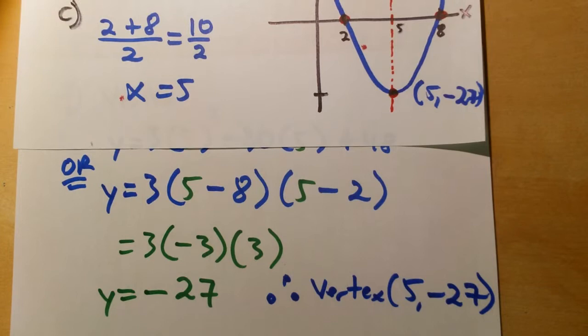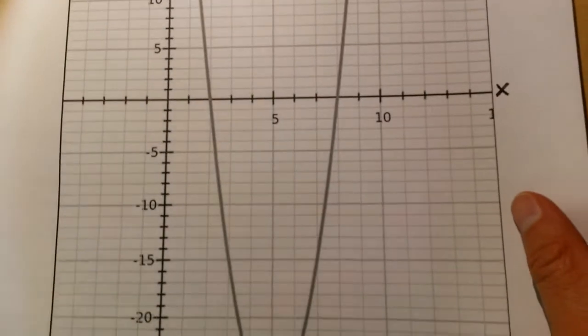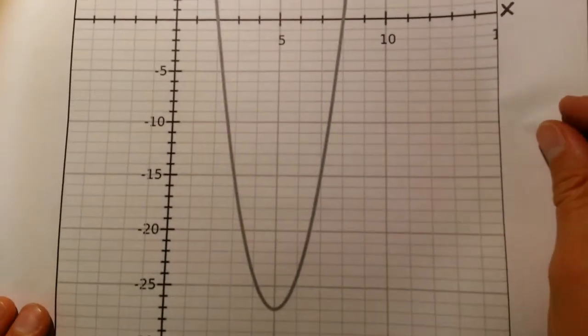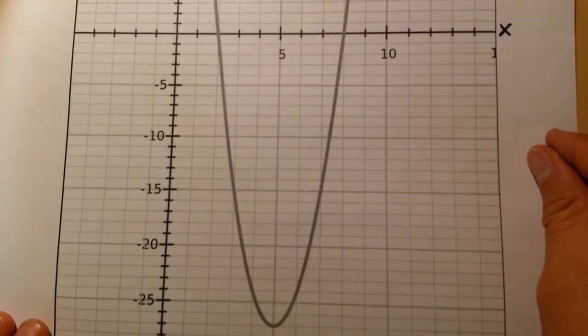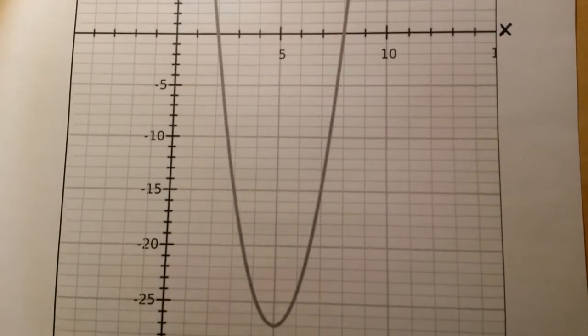And of course, the last question is asking us to graph this. But what you can do is you can go to the links that I'm providing you on the screen, and you will get this. You can go to either one or the other to see. So here we have our x axis, our y axis.